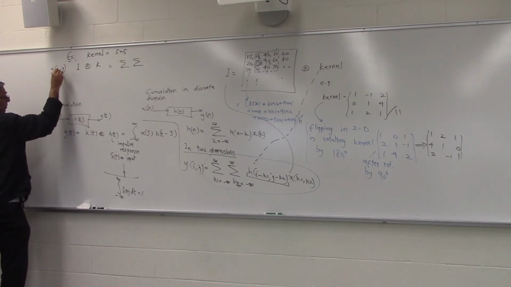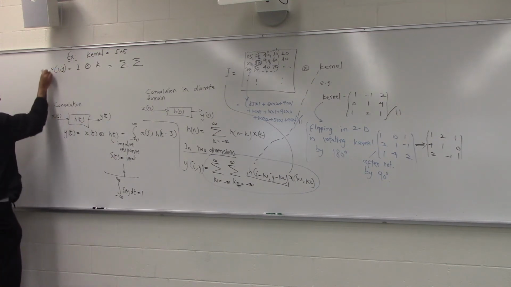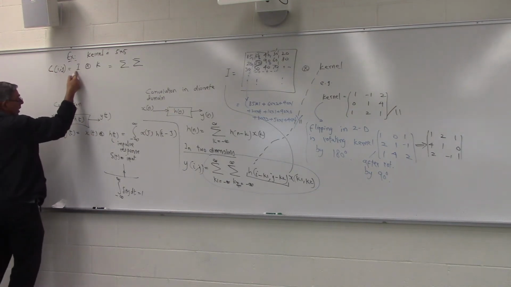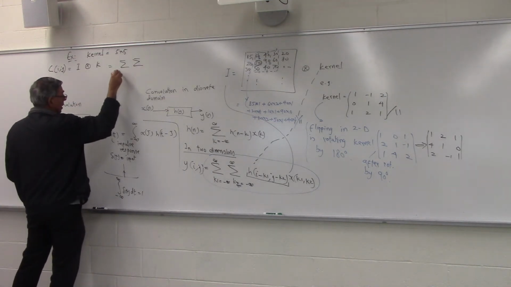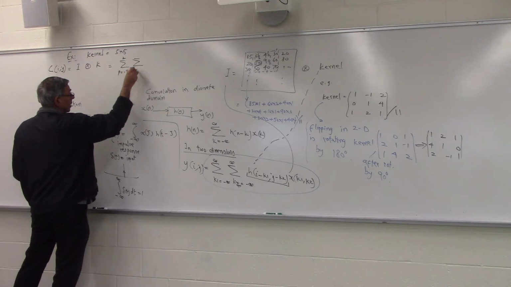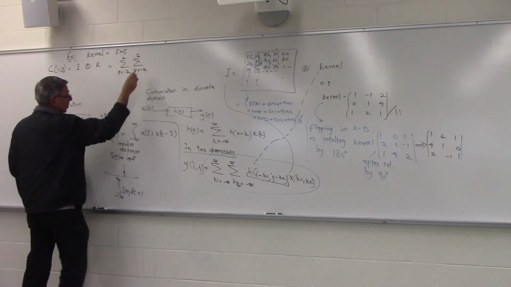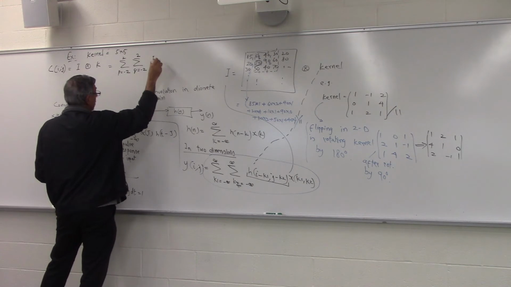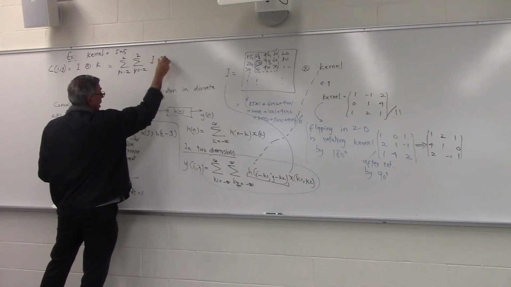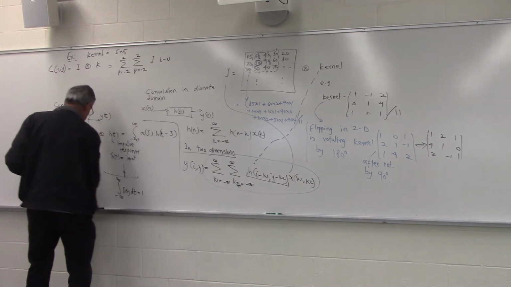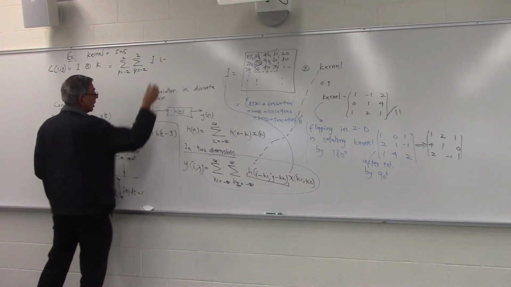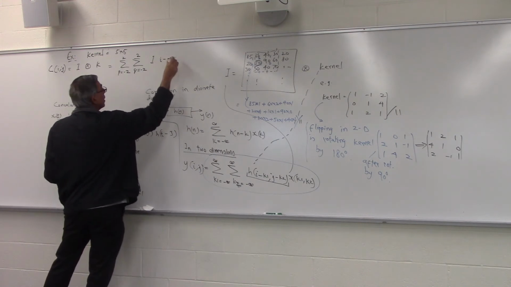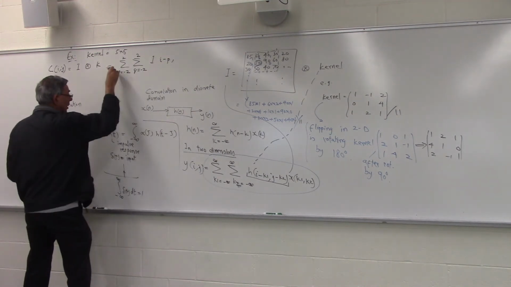So that's the result of the convolution. Or let me call it c of ij. C of ij equals the input image convolved with some kernel. So this will come out to be the sum over p equal to minus 2 to 2, and the sum over p equal to minus 2 to 2, of I of I minus p, K of i minus p. Or let me make it even a little easier to follow.